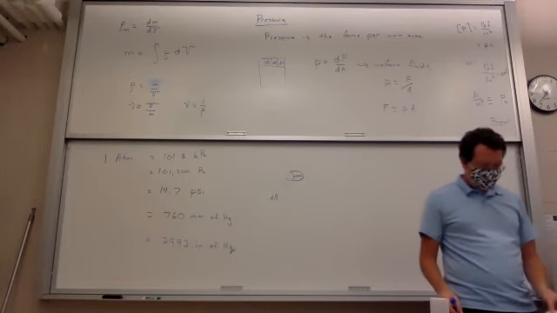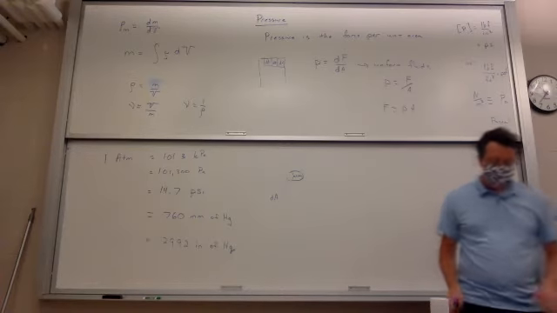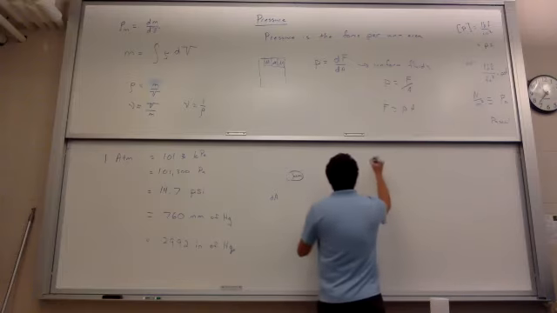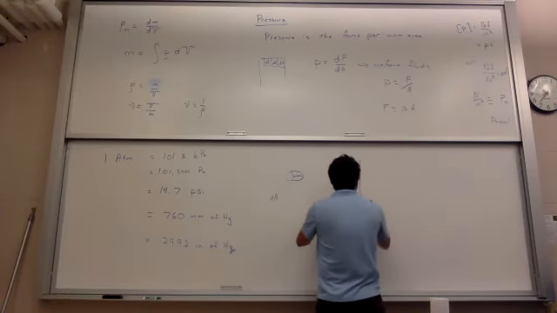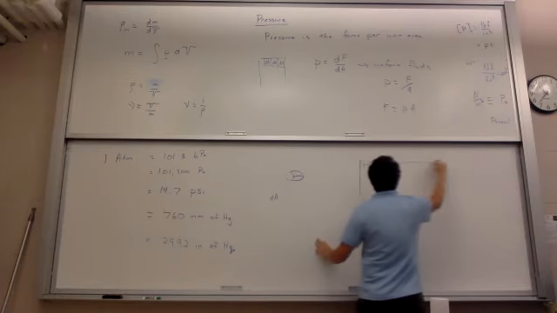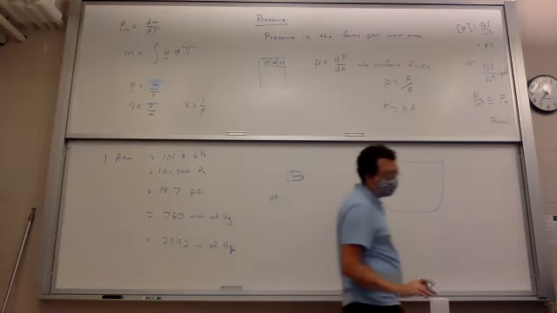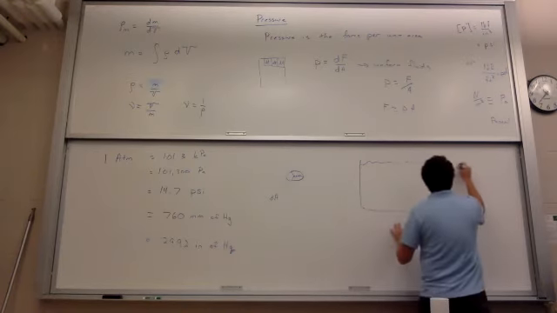So what we're going to do is imagine that I have a fluid. Think of it as a tank of water. It could be anything. And I'm going to imagine that it's stationary.